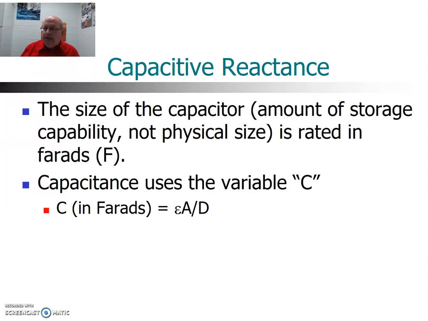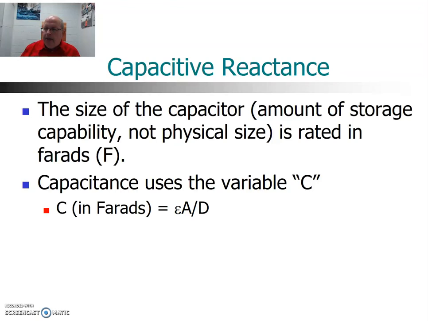When we say the size of the capacitor, we mean the amount of energy storage capability of the capacitor, not necessarily the physical size. And we will rate that size of the capacitor, the ability to store charge, in terms of farads.